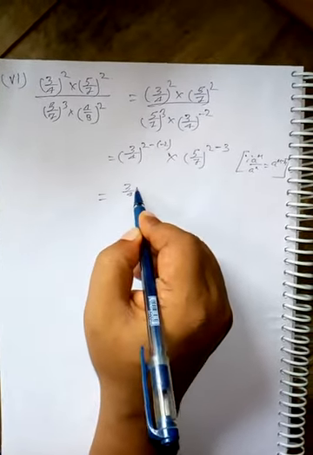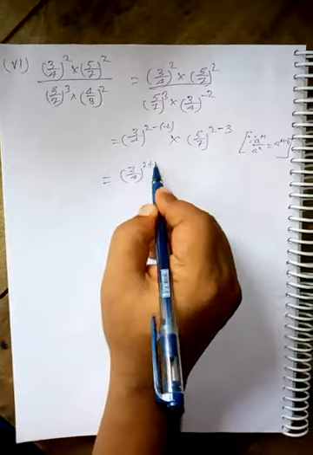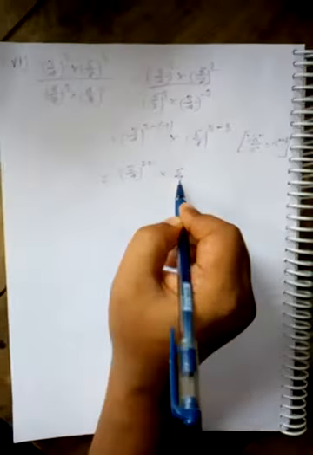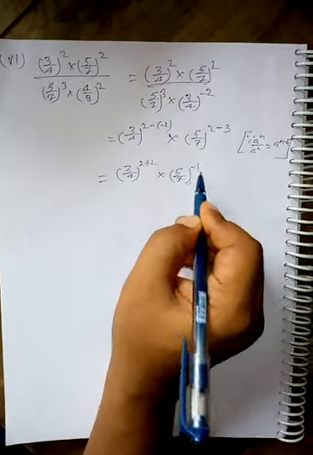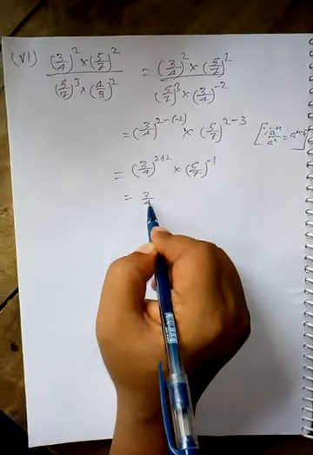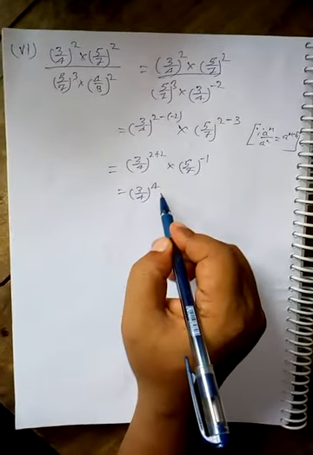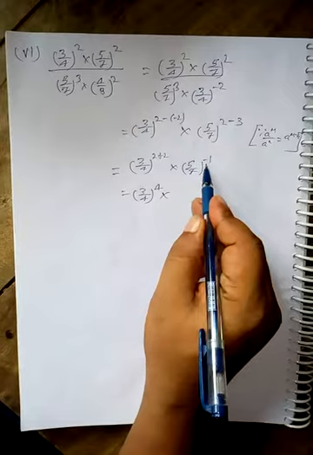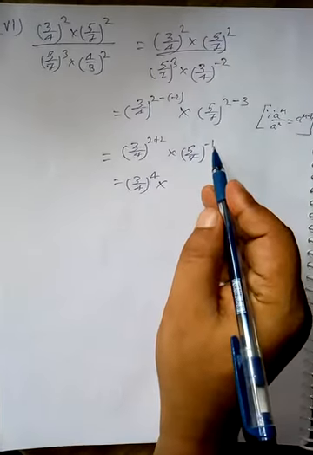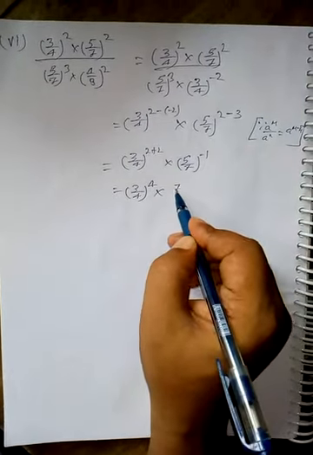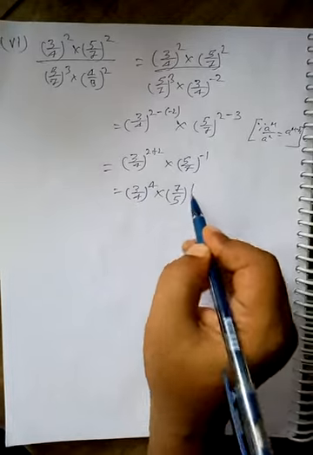(3 by 4) whole raised to the power 2 plus 2, (5 by 7) raised to the power minus 1. It gives you (3 by 4) raised to the power 4 into, if you want to make these exponents positive, you have to take the reciprocal, 7 by 5 raised to the power 1.